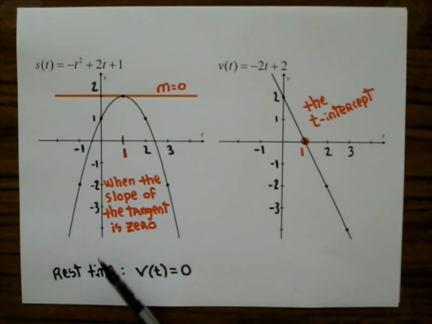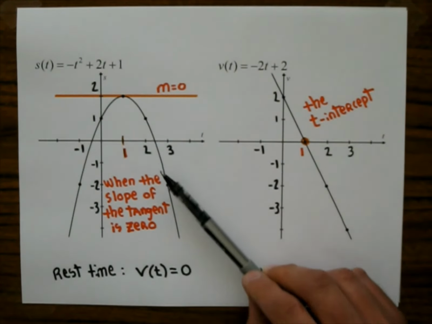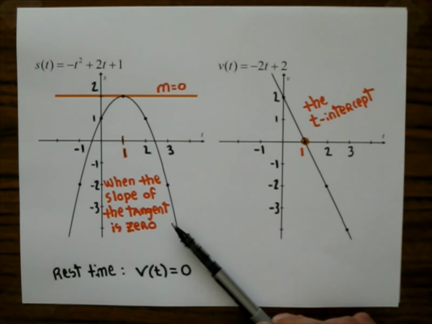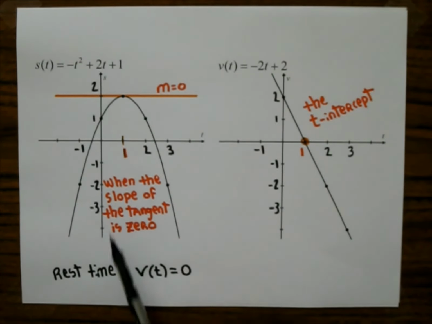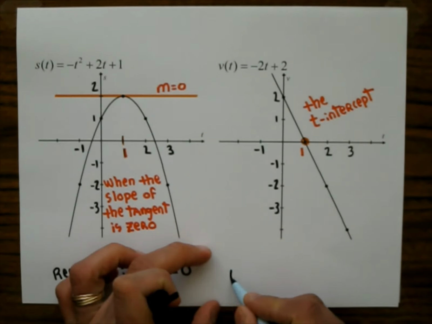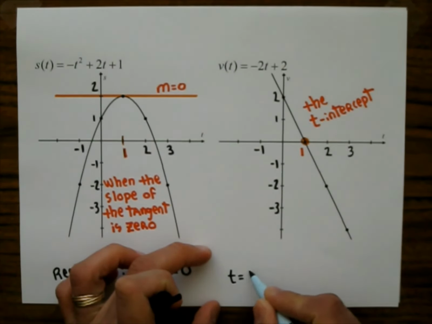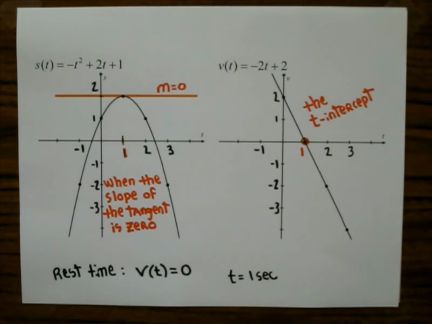The rest time for your position function is when the slope of the tangent is 0, which happens to be at time t equals 1 second. That's the answer. In terms of the position function, it's when the slope of the tangent is 0, and in terms of the velocity function, it is the t-intercept.